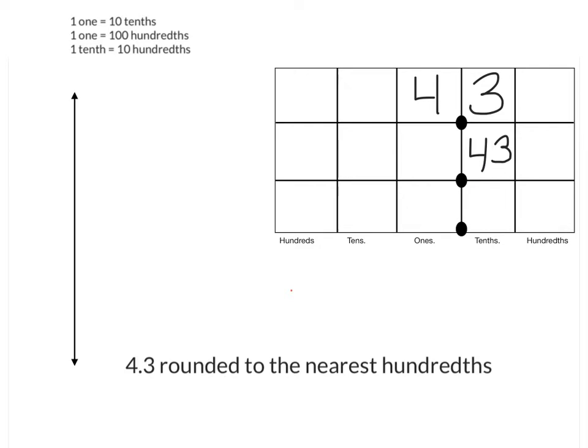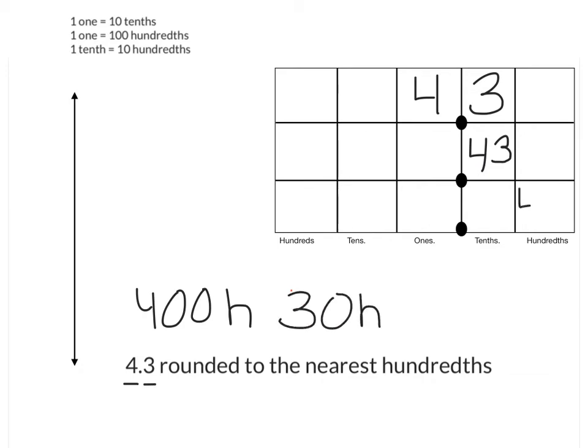So if I have 4 wholes, or 400 hundredths, and I have 3 tenths, or 30 hundredths, when I add those together, that gives me 430 hundredths, meaning that I can rename my number 4 and 3 tenths as 430 hundredths.